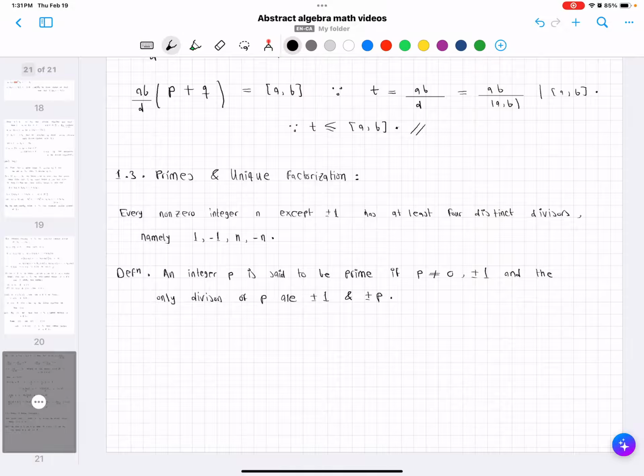So what's interesting about this, as we'll see, is that if a number is not prime, that means it has factors other than those 4, other than itself and 1 and the negatives. So that means that it can be subdivided into products of 2 numbers.